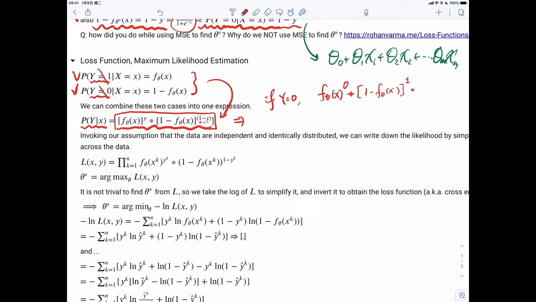Basically that is 1, no matter what it is. So this result is exactly the same as when y is 0 right here.